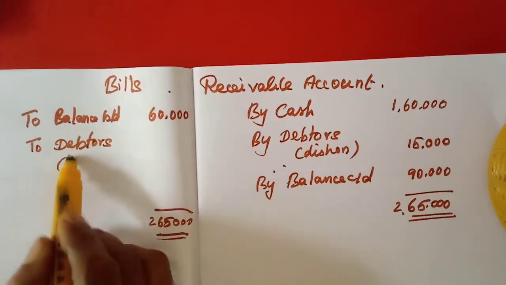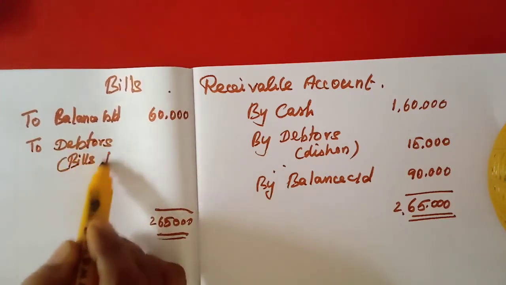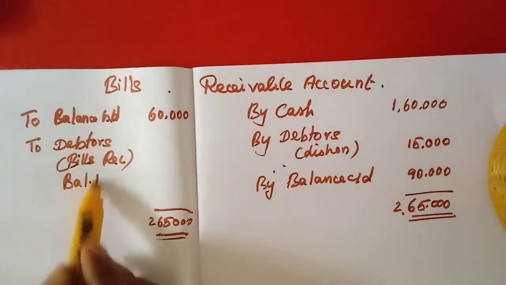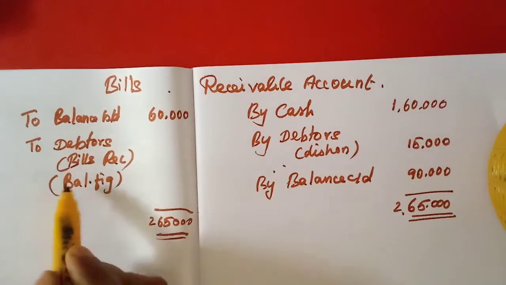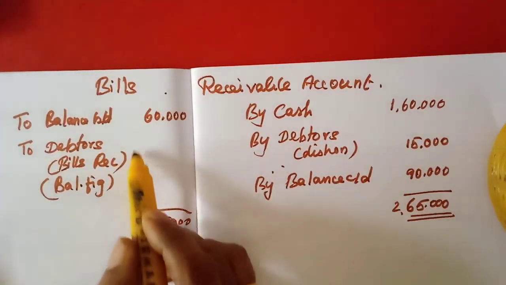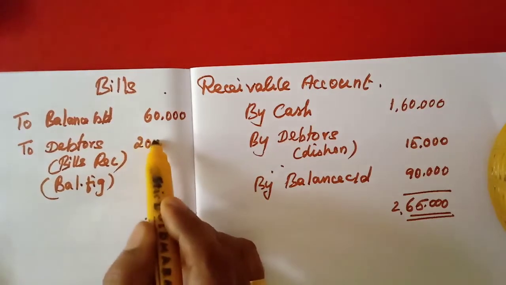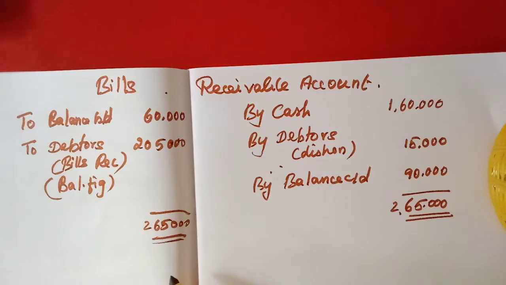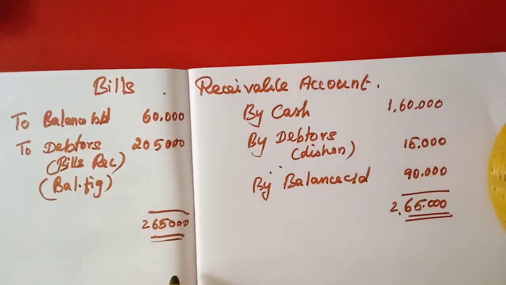What is it? Bills received. Here you can write the balancing figure. Fully you have to write. Now how much? 2,05,000. 2,65,000, if you deduct 60, 2,05,000.